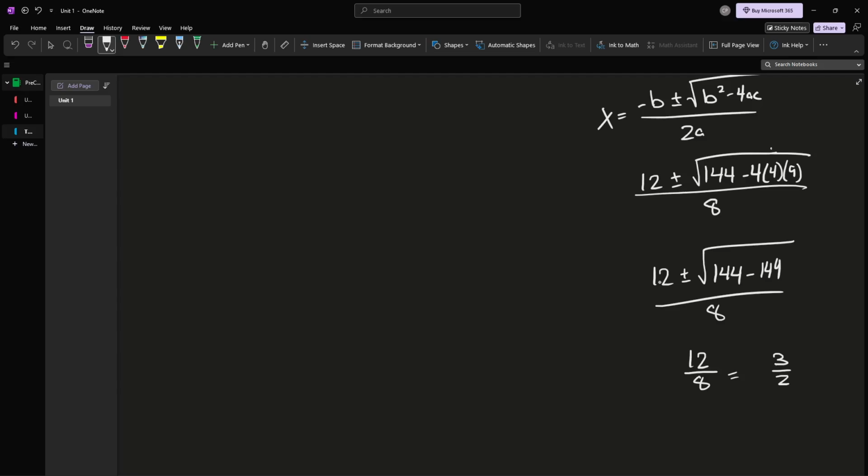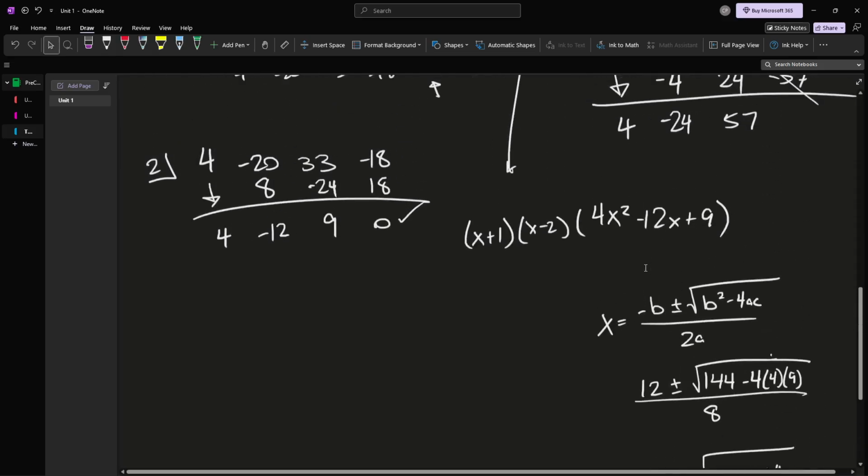And this is telling me both my zeros are 3 halves, which is a key thing to memorize. Both my zeros, I have 3 halves and I also have 3 halves.